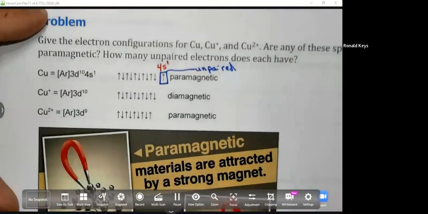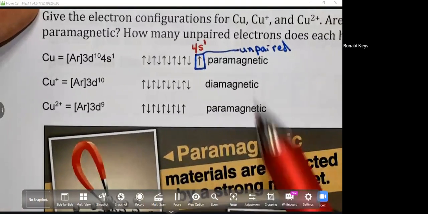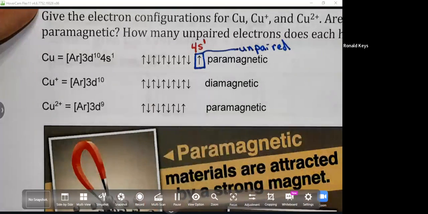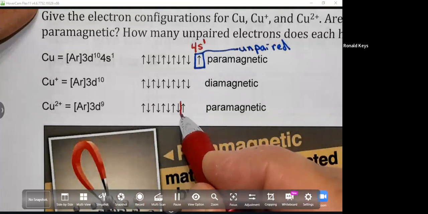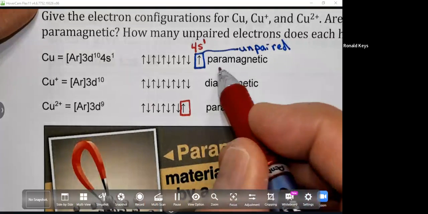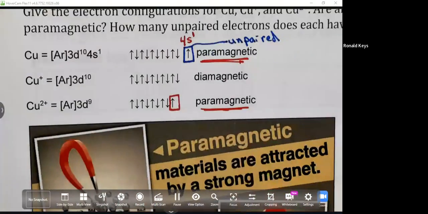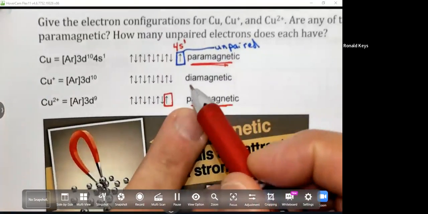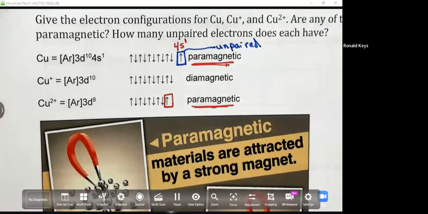That's my unpaired 4s1. All of these are paired, 3d10. 3d9, then this one right here is unpaired. So paramagnetic, and copper with +2 would be diamagnetic. You're just looking to see if you have it unpaired. The way to remember this is di meaning two, they're all double. Right? Di meaning two, they're all double.